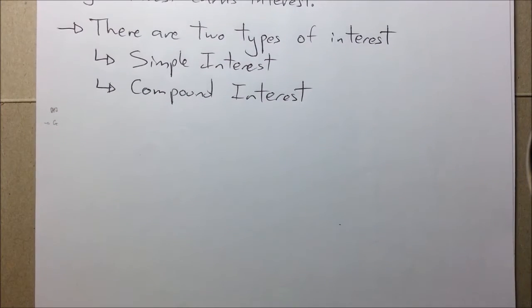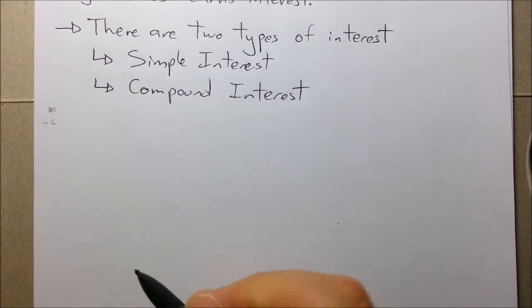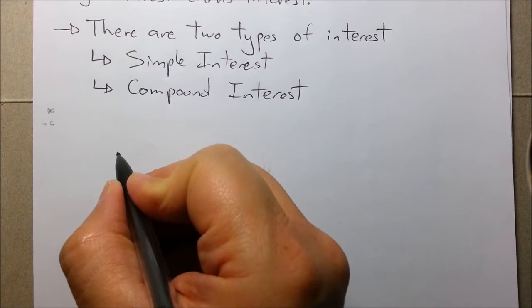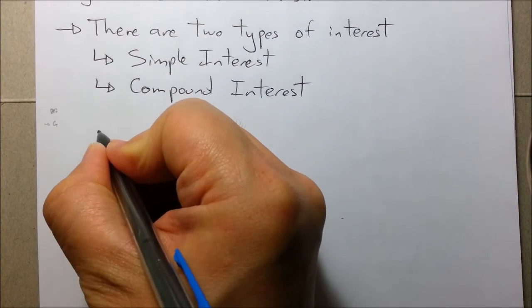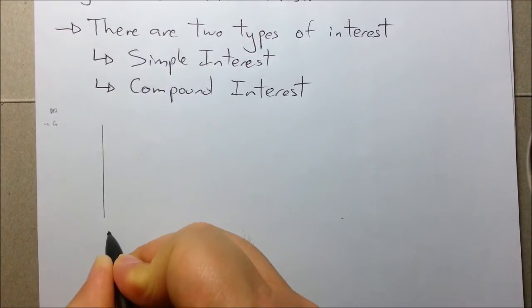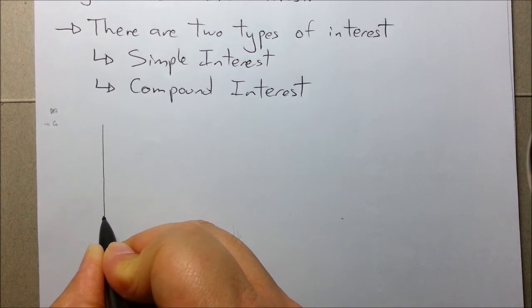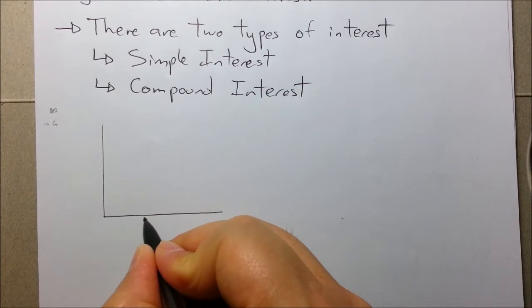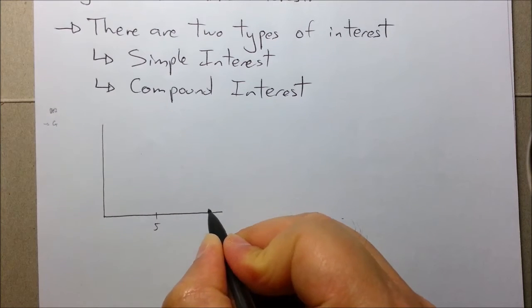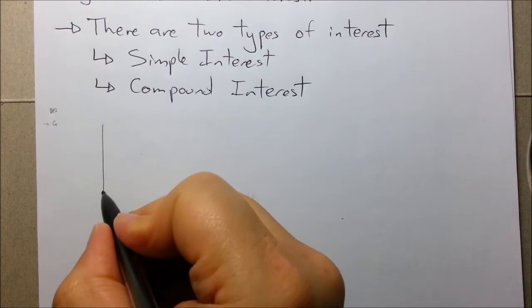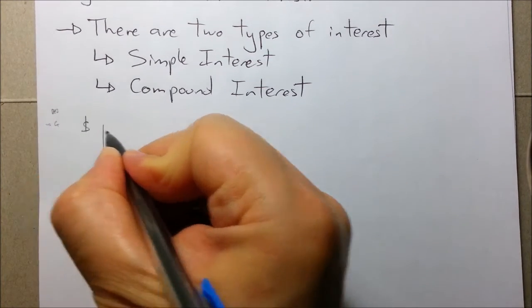And if you want to get a graphical sense of what these two look like, graphically, simple interest normally tends to have a linear relation. Let's say you had a graph here, and you have simple interest. Let's say this is 5 and this is 10 years, and this is how much money you make.